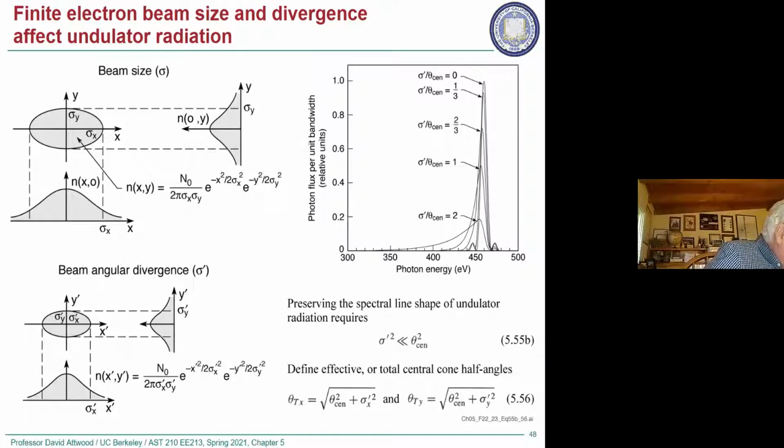If you take a look at your book, on page 154, there's a table that shows properties of the ALS and the APS. If you go down there, more than halfway down, it has the sigma values. For the ALS, the present sigma value horizontally is 251, and vertically it's 8.3. And their goal for the new upgrade is to make it 10 in both directions. So they're going to go from 250.